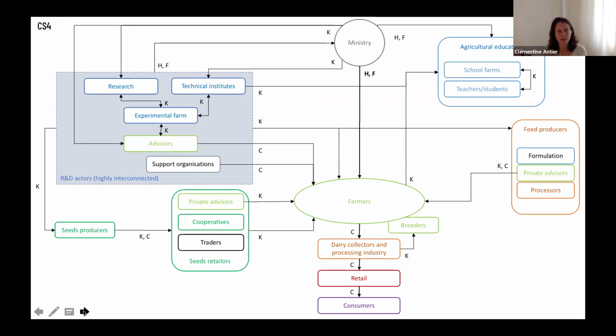So here already from case study 4, it's kind of easy to read what are the flows that come to and go from farmers. And then to read how are other actors related to the farmers? How is the system organized around the farmers?